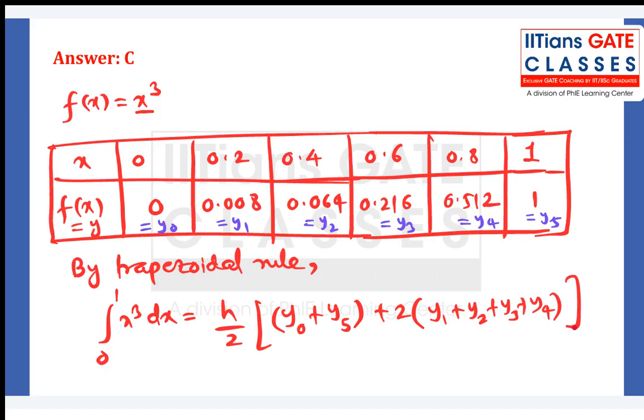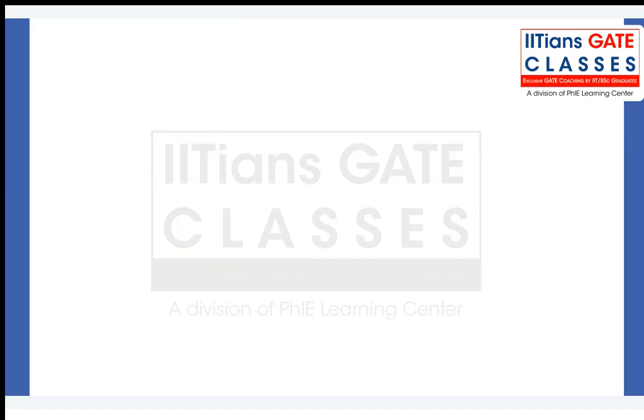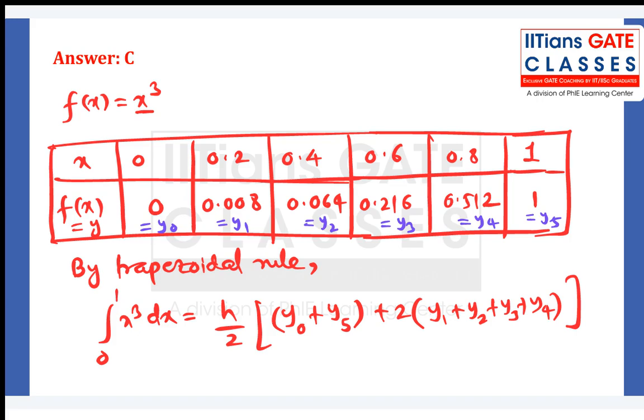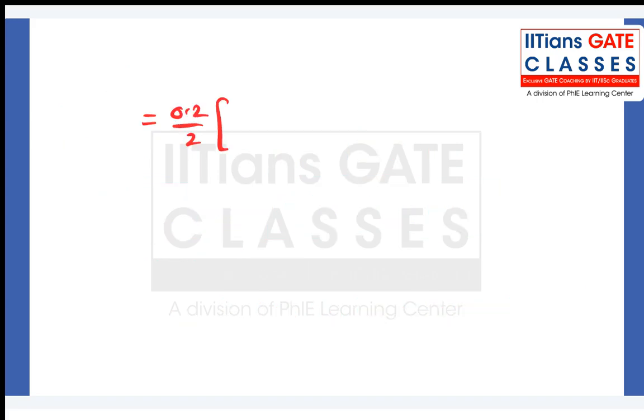Now you just have to plug in the values. So h is 0.2 by 2, into first and last value, that is 0 plus 1, plus 2 into the rest of the values. So that will be 0.008 plus 0.064, then 0.216 and 0.512.